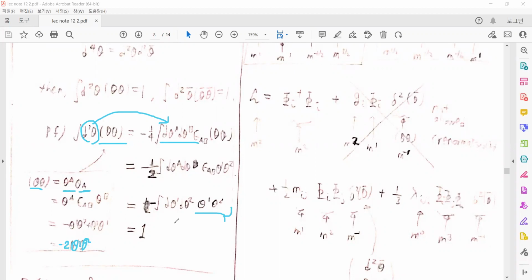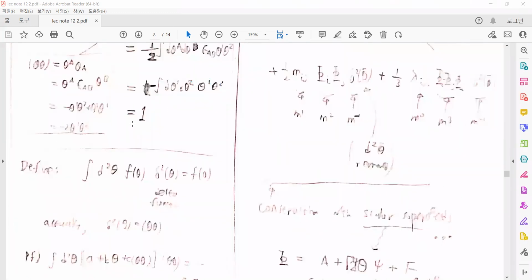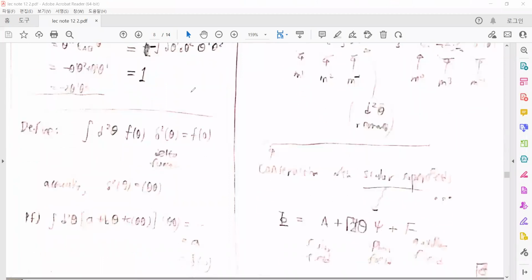And if we use the definitions of the theta 1 integral with theta 1 and the theta 2 integral with theta 2, the result of the integration will be 1. So we can define a delta function, which we can interpret as the quadratic term of the Grassmann variables, that is the delta function of the Grassmann integration. So we write the delta function of scalar theta equal to the quadratic term, and if we integrate some function with the delta function, then the result is the function value at theta equal to 0.